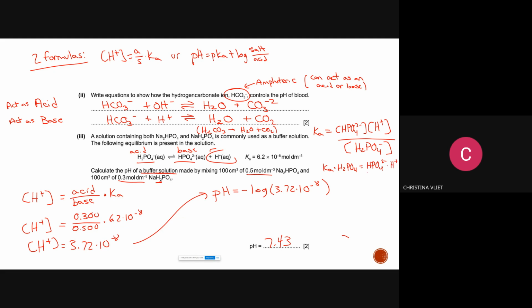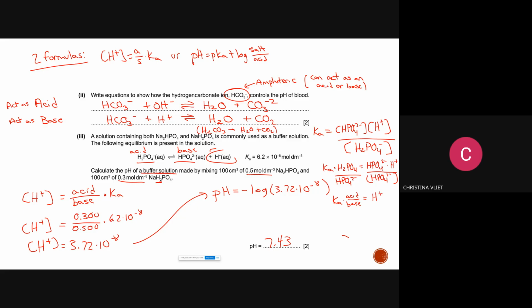And then you would divide both sides by HPO4 2 minus. What is this? Ka times H2PO4 minus, which is the acid, over the base, times Ka equals H plus.